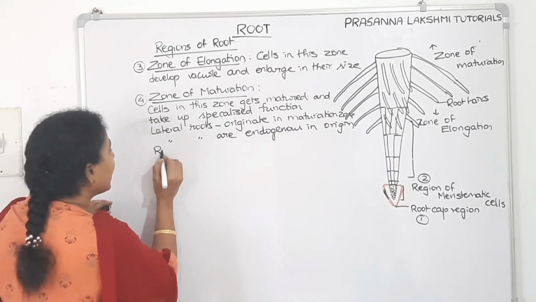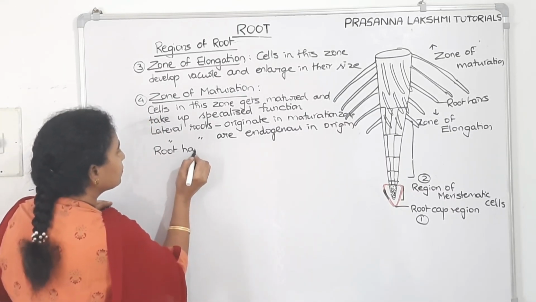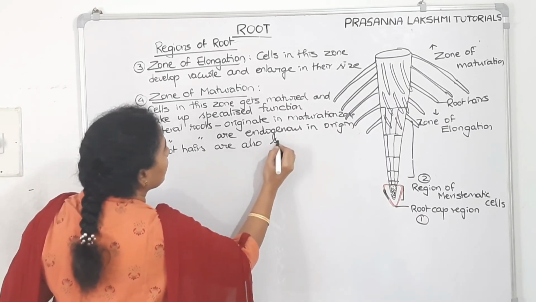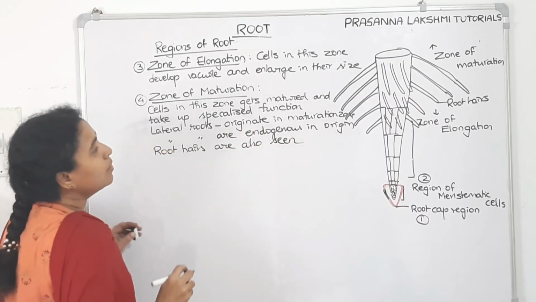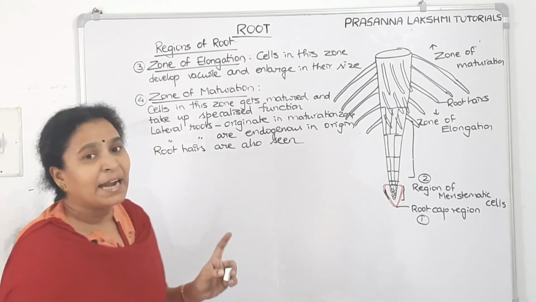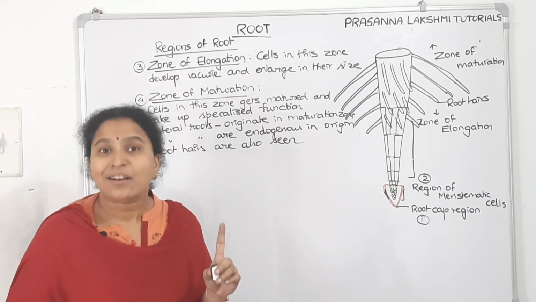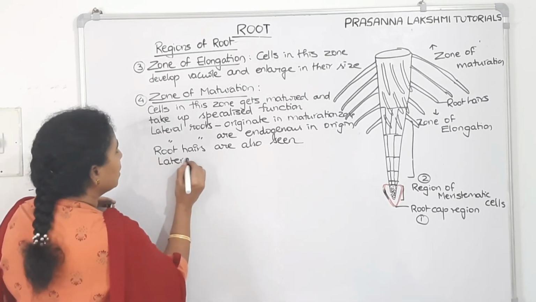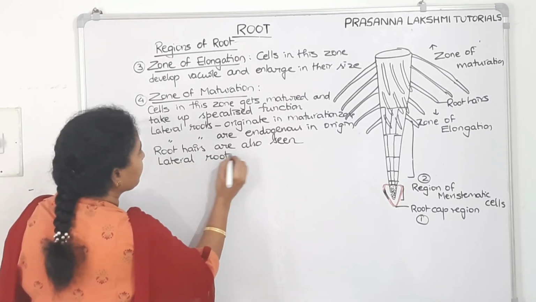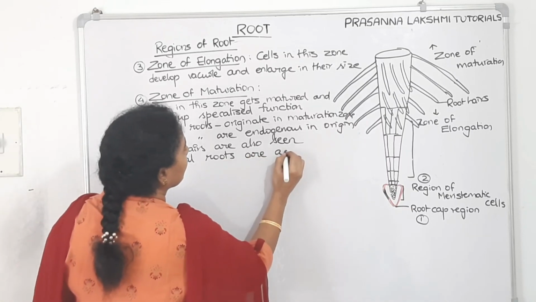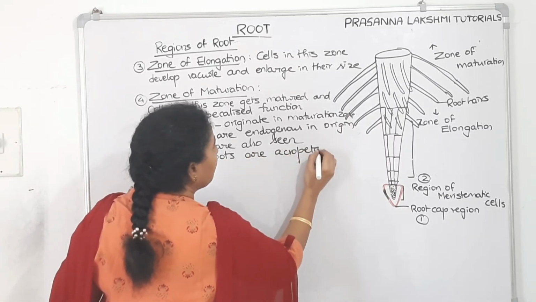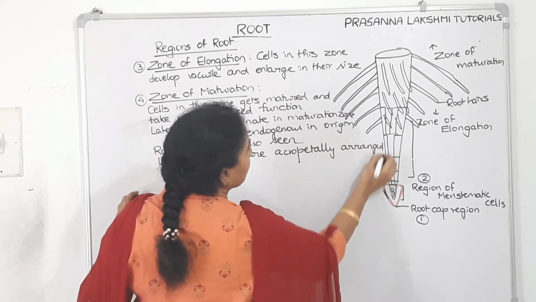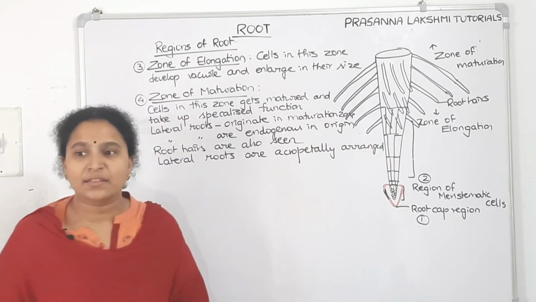And root hairs are also seen in the maturation region. And the lateral roots are acropetally arranged, right? We know that also. Acropetally arranged means older roots at the base, younger roots at the tip.